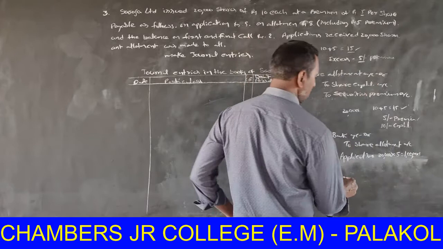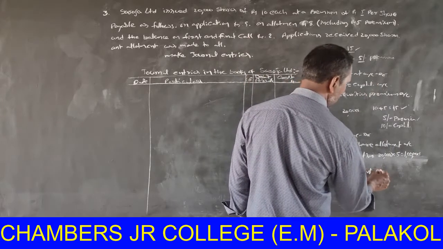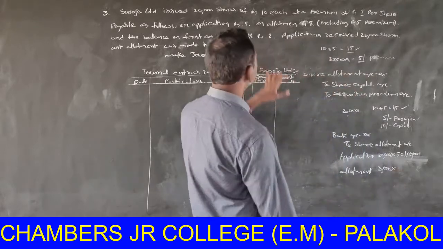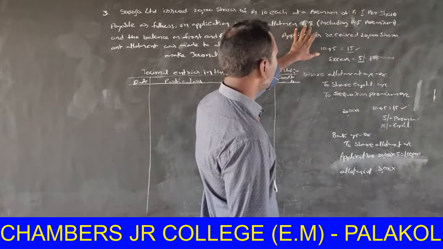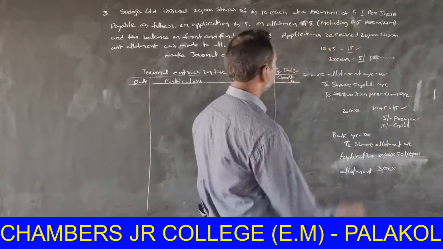On allotment, 8 rupees including 5 rupees premium.